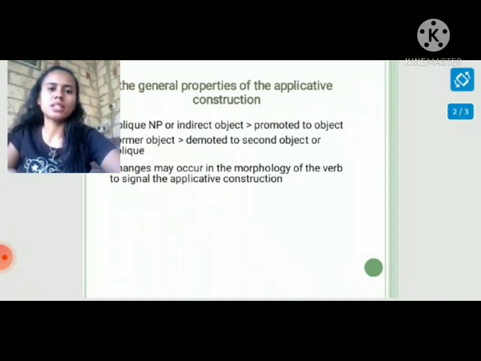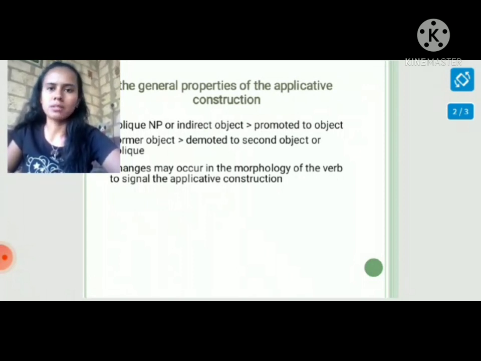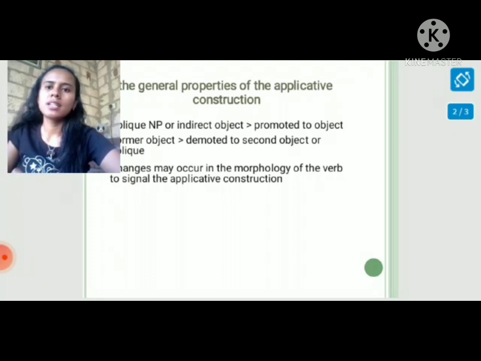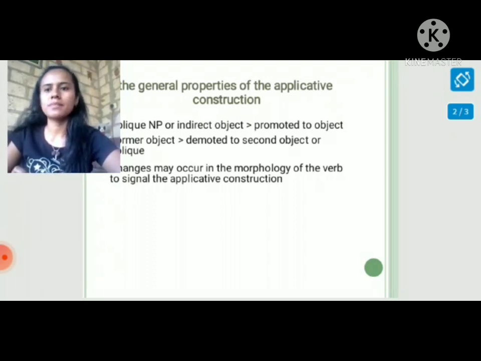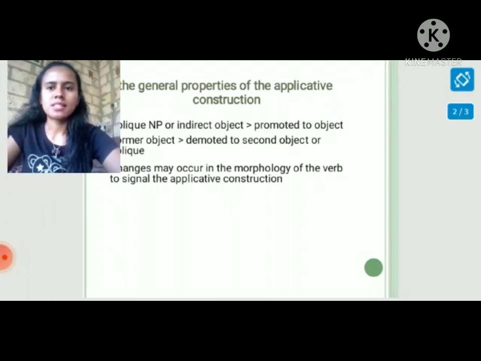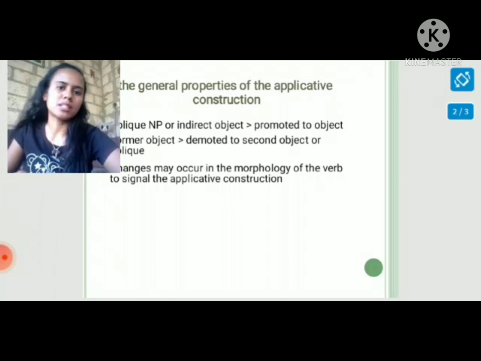English is fairly restrictive in the type of oblique phrase that can undergo promotion, but cross-linguistically various kinds of oblique phrases can be promoted, including locative expressions, goals, beneficiaries, and instrumental phrases such as with a stick, as in the Kivunjo example below.